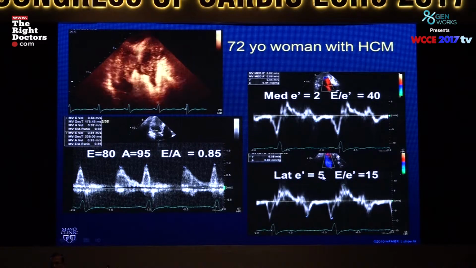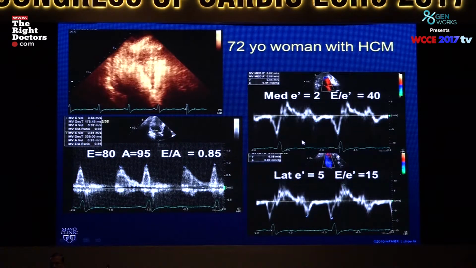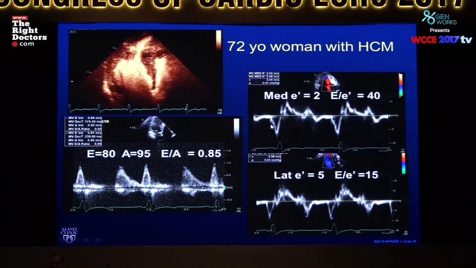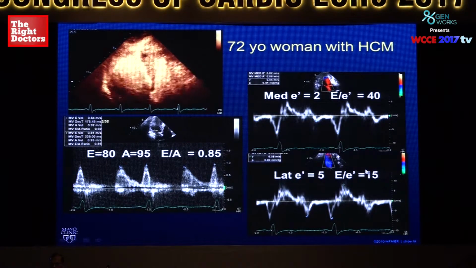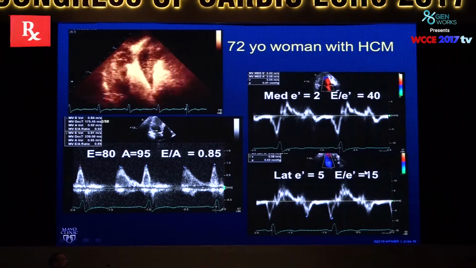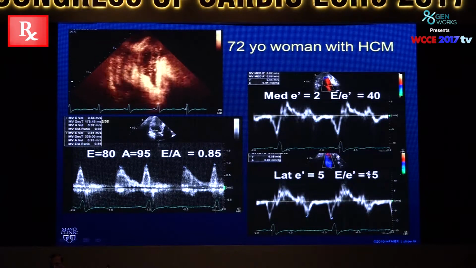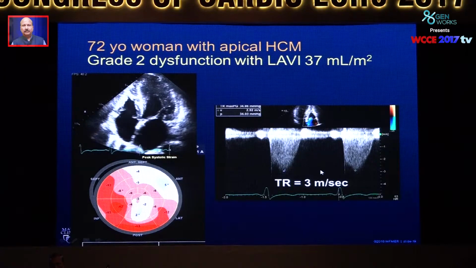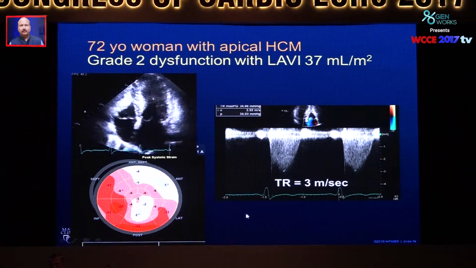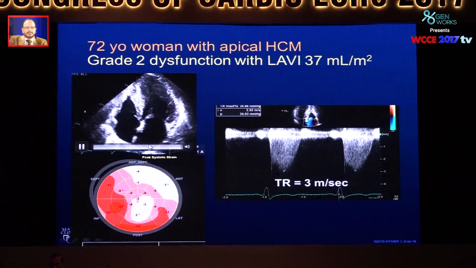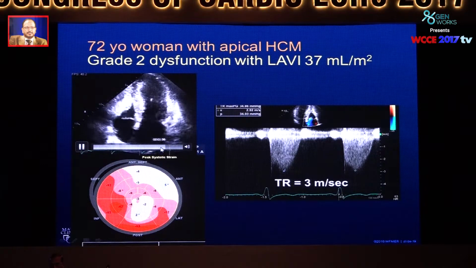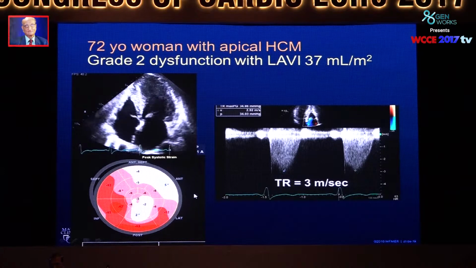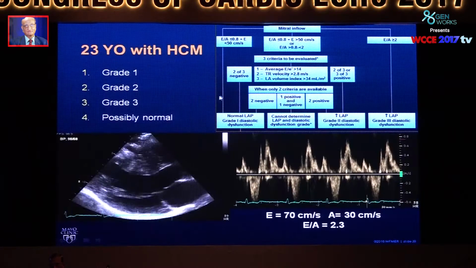Because of significant difference in the thickness of the wall, you get different E prime velocities. However, the E/E prime is 40 medial and the lateral 15. I told you, it's probably high filling pressure, but you cannot really tell because of the hypertrophic cardiomyopathy. Then you go to the TR velocity, that's 3 meters per second, and very abnormal strain imaging here in the big left atrium. So this patient has a grade 2 diastolic dysfunction, even with hypertrophic cardiomyopathy.